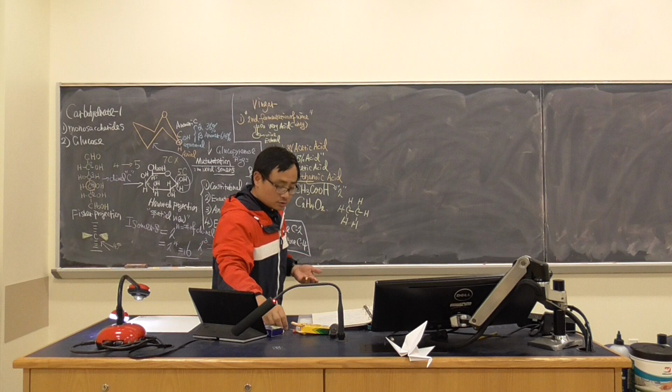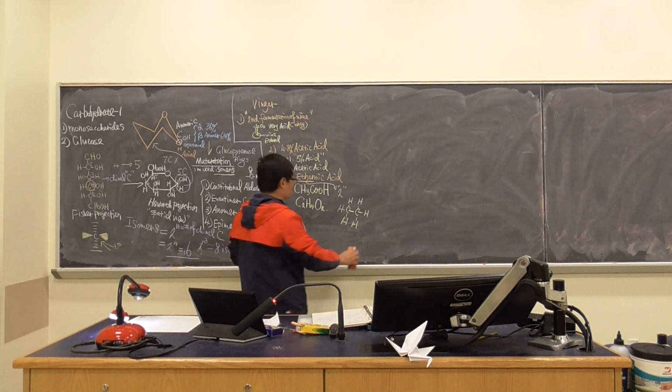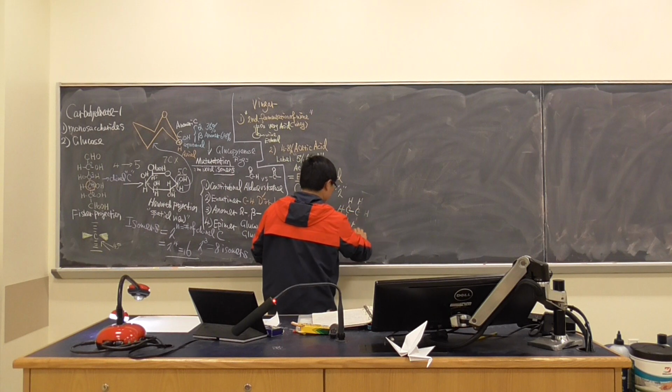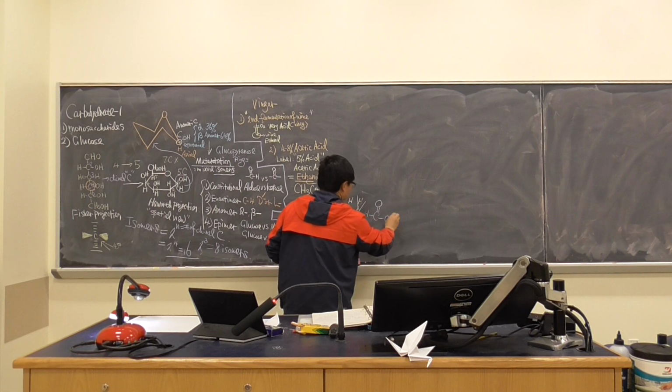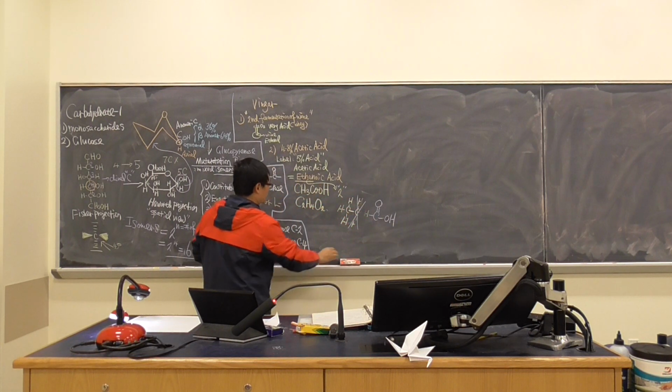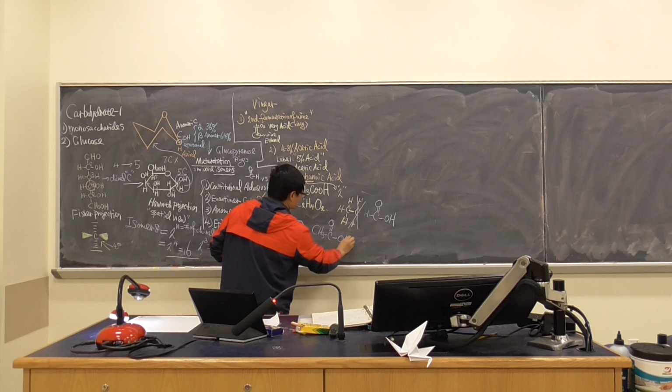Then from the chemistry standpoint, they do some reaction. They took this down, and they replaced this with this guy, the carboxyl group. So it becomes CH3, double bond O, and OH.